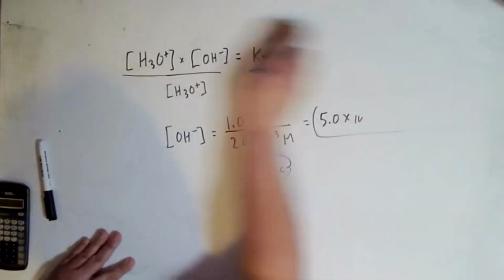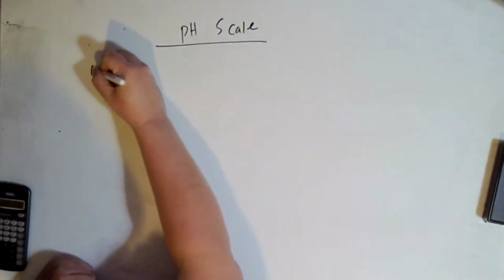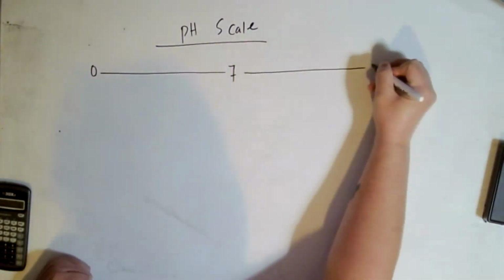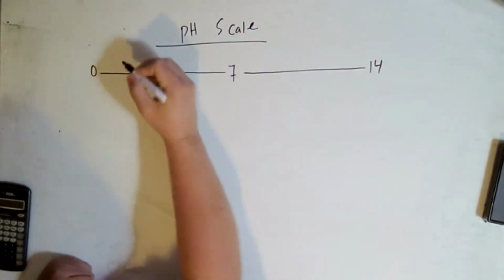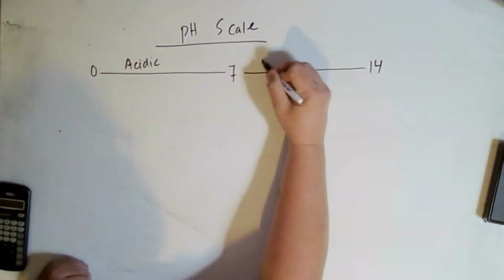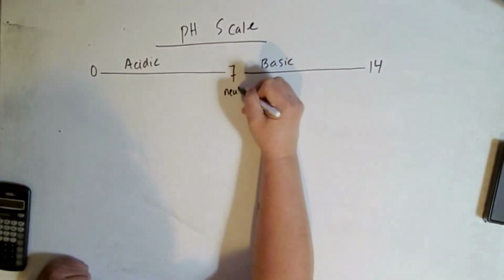Let's write a little summary of that for our pH scale. Okay, so we go from 0, and then we're going to have 7, and then we're going to go up to 14. Everything over here is going to be acidic. Everything here is going to be basic. This is neutral.